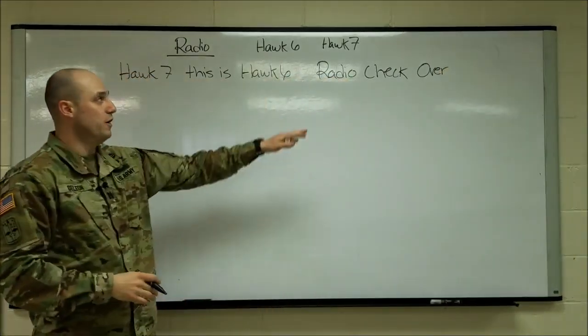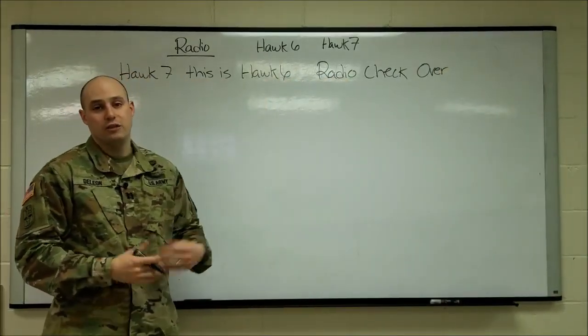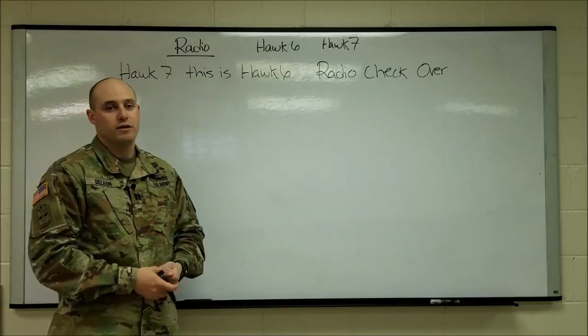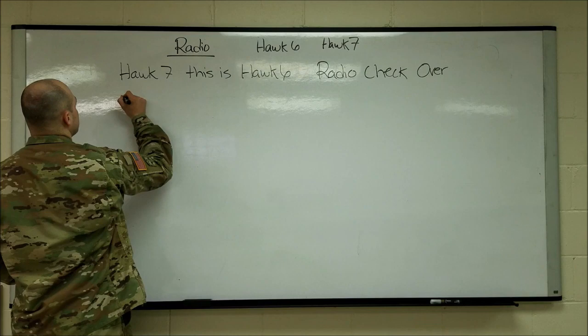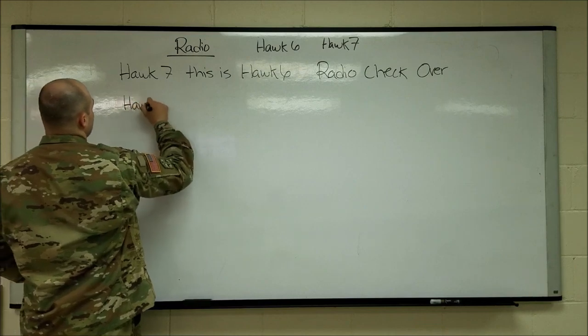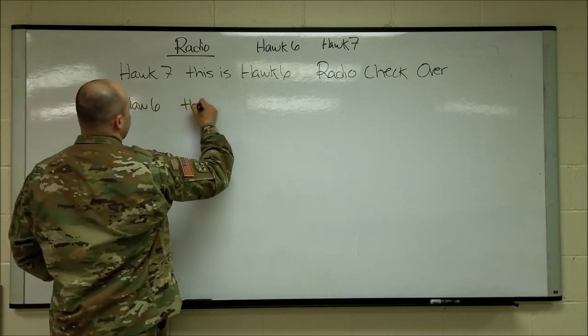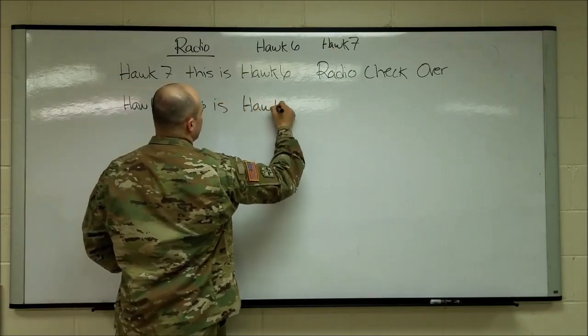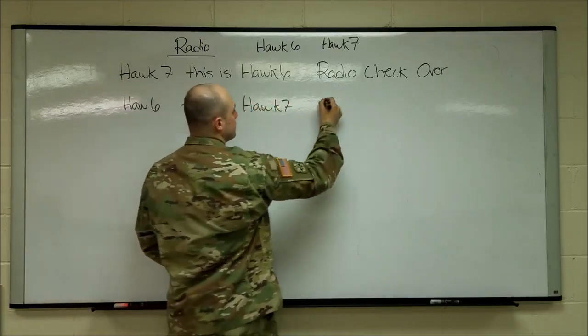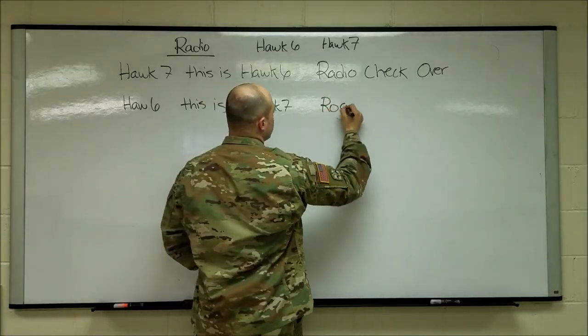All right, so now that he said over, Hawk 7 knows that he's requiring a response. He's asking for a response. So he will say back, Hawk 6, this is Hawk 7, Roger, over.